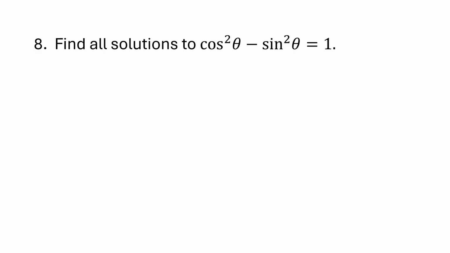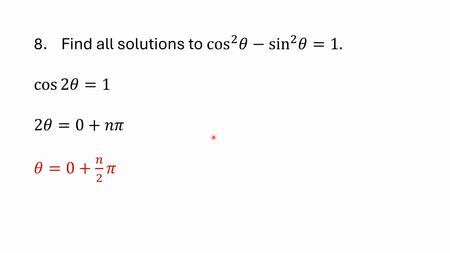Find all solutions to cosine squared theta minus sine squared theta equals 1. Cosine squared theta minus sine squared theta is the cosine of 2 theta.